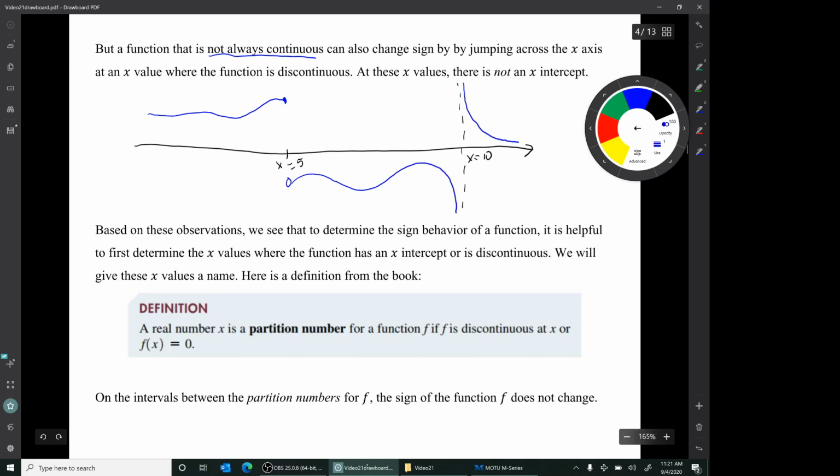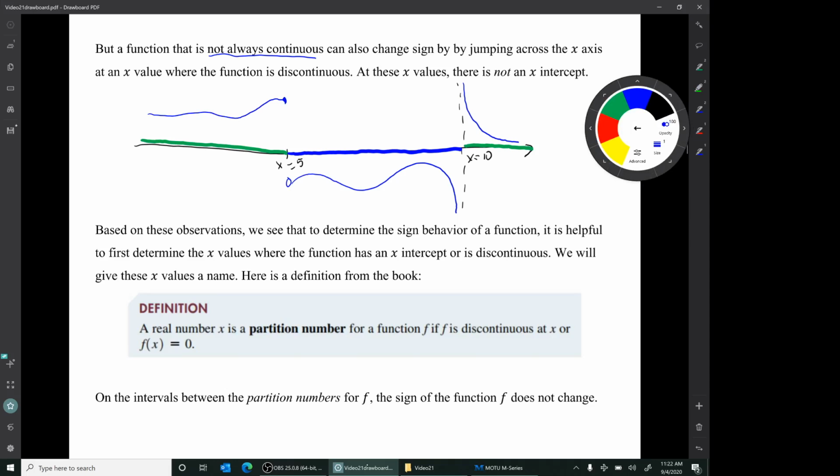This function has a jump at x equals 5, so that's a place where the function is not continuous, and it has a vertical asymptote at x equals 10. That's another place where the function is not continuous. And we see that the function changes sign at those x values. The function changes from positive to negative, back to positive, without ever having an x-intercept.